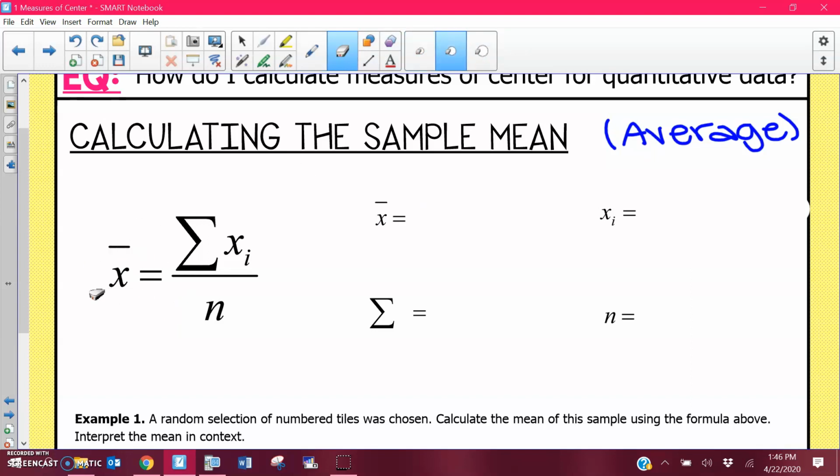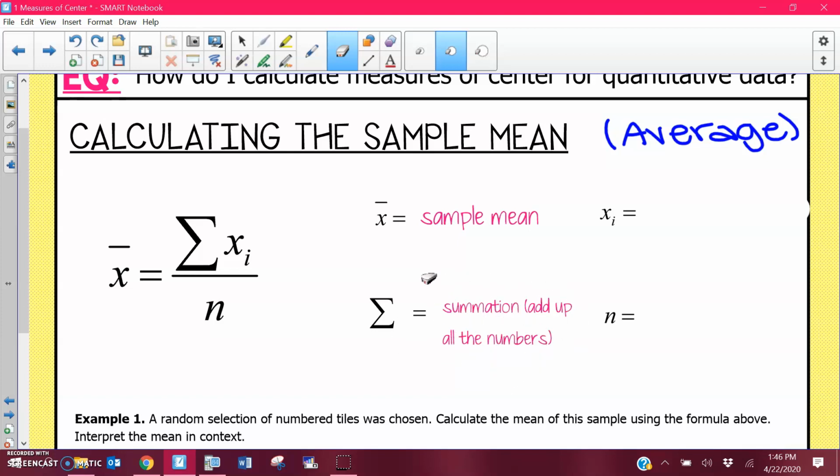This X with a line over the top, we call that x bar, at least that's what I've always called it, and that is what we call the sample mean. So if you see a letter with a line over it, it's just the sample mean. Then the next symbol you see is that big sigma. We talked about that a long time ago, I think in the binomial unit, and that just means the summation. To find a summation, you add up all the numbers.